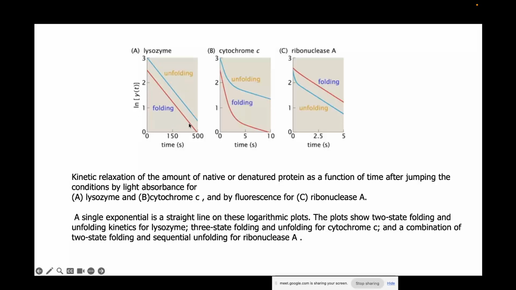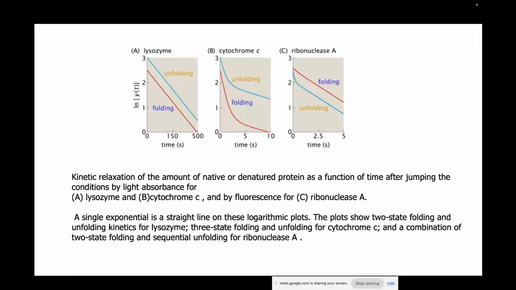If it is somewhere in this section, it is folding, and similarly for the other proteins as well. By the way, this is a log plot. So this is log y(t) versus time, and this is just log y(t) versus time. These are logarithmic plots. If you try to plot this in a normal plot, this would look like an exponential, right?